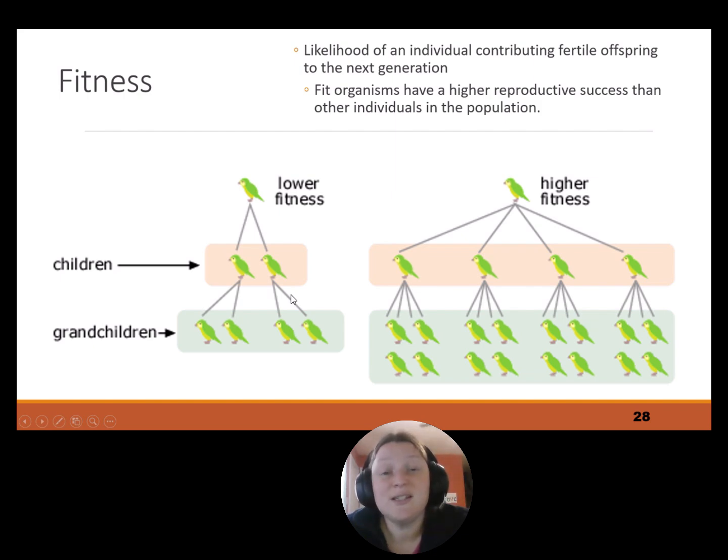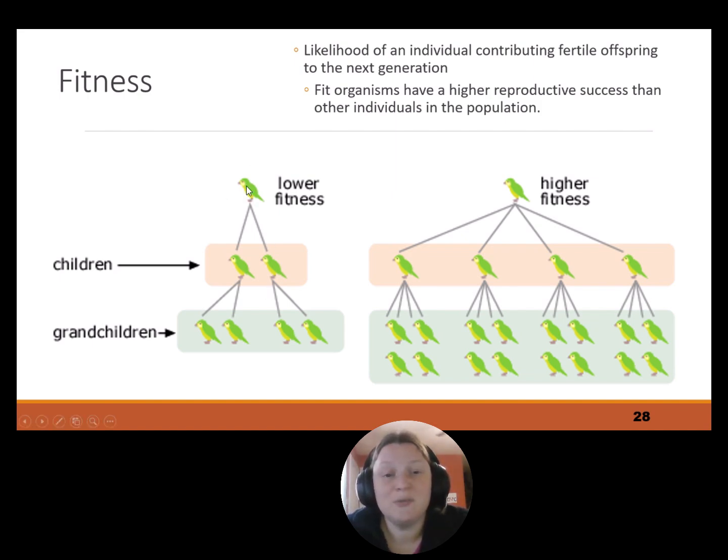That leads us to this idea of fitness. Fitness is reproductive success. The more babies you have, the more fit you are. So fitness is the likelihood of an individual to contribute fertile offspring to the next generation. The more fit you are, the higher your reproductive success. So we can look at this example.